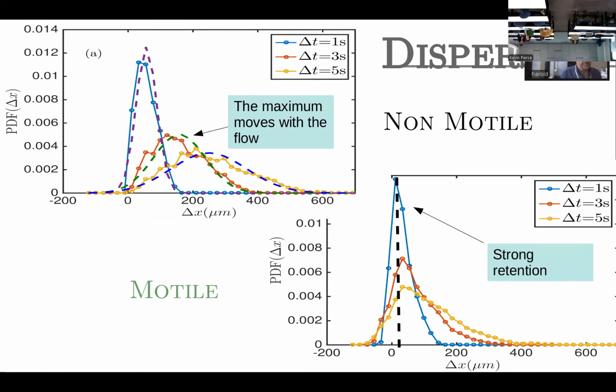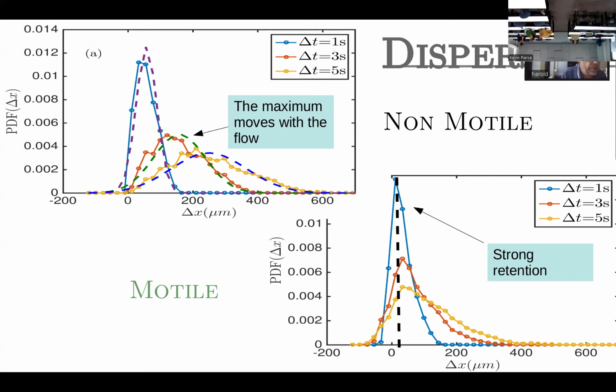The first thing we measured is the dispersion. We said, after a given time, what is the distance along the flow direction covered by the bacteria, and we made the distribution of those distances.